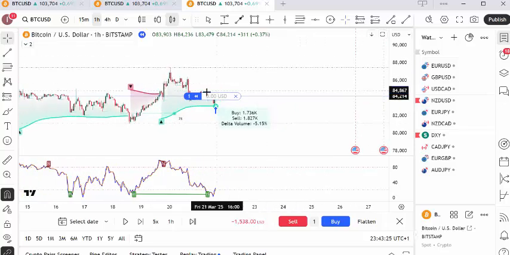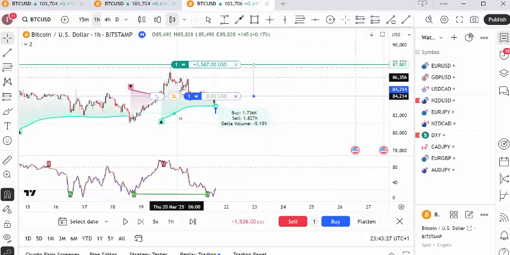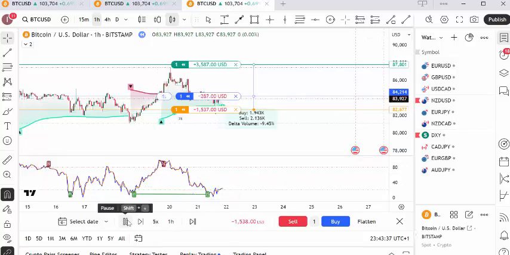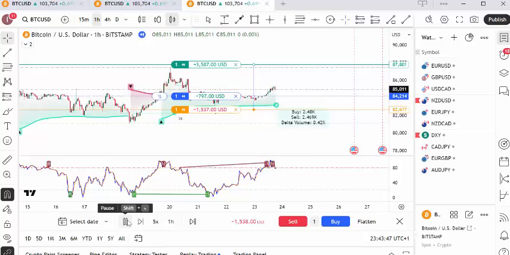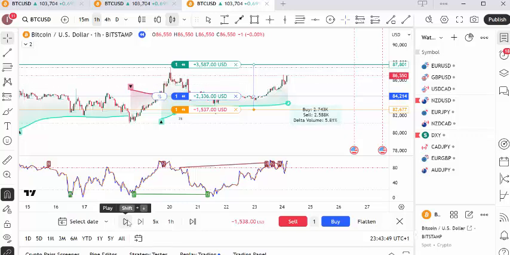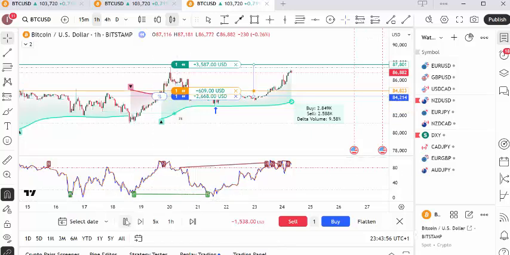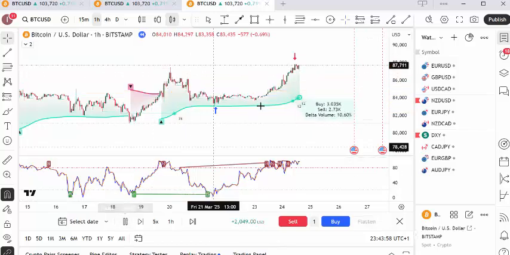We have a bullish. Stop loss 1.5. Okay, move our stop loss to break even. Okay, TP hit.